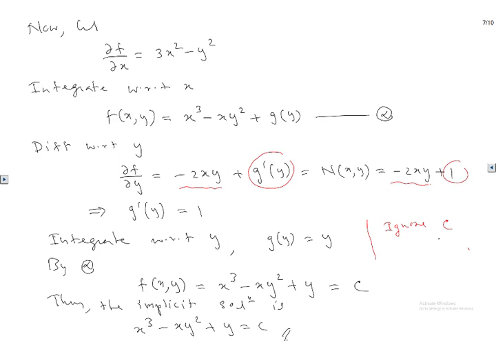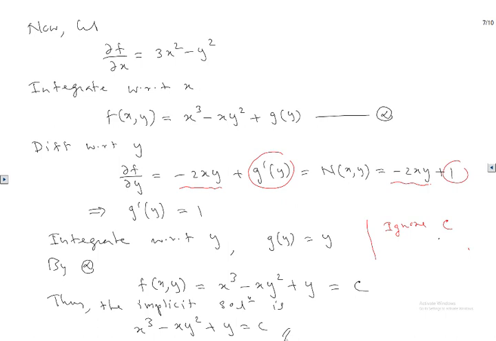So that is the solution. Okay, that's the implicit solution of y. If possible, you can solve this one for y. In this case, you might have to use the quadratic formula to solve for y, but we can even leave it like that.